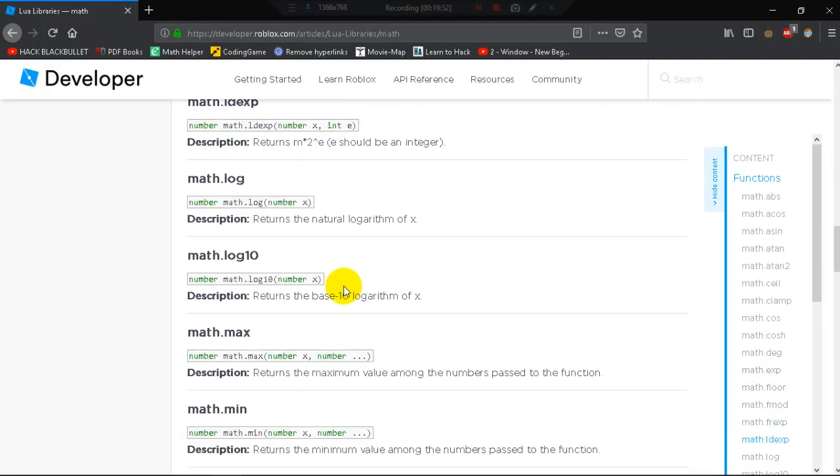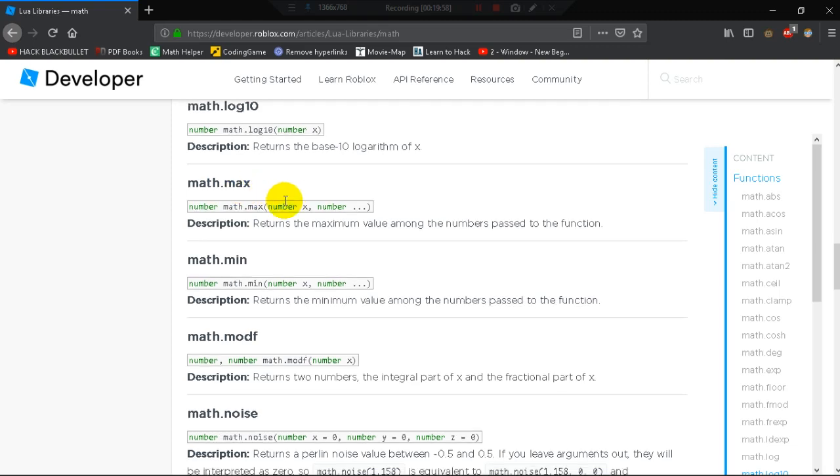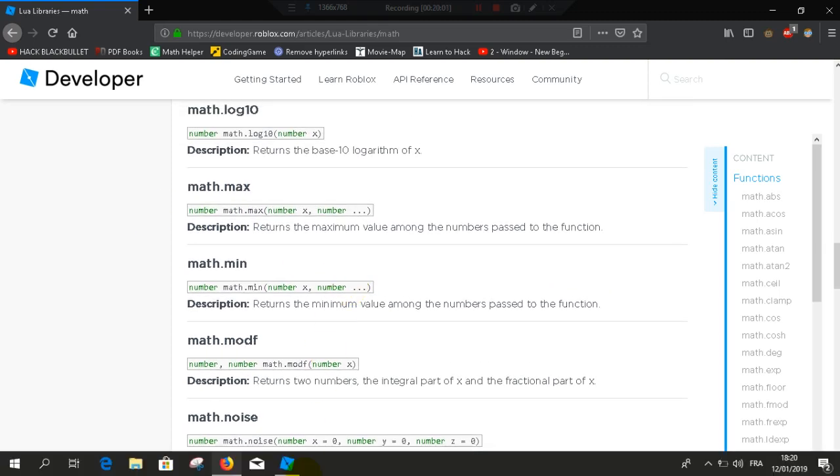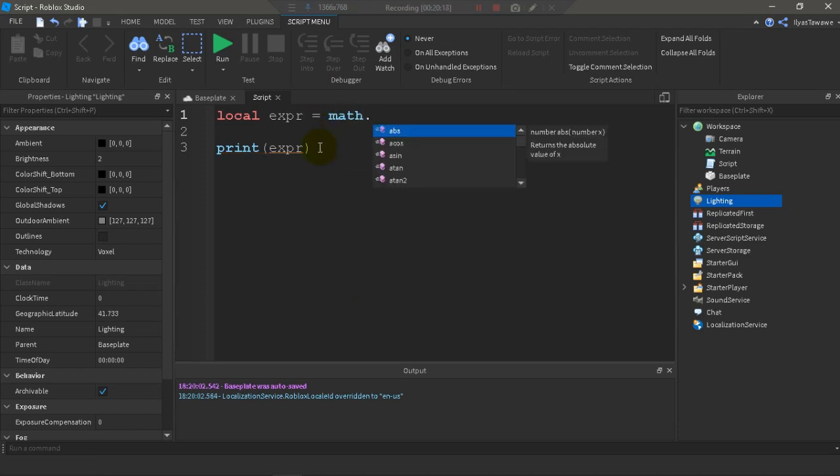And there's a lot of other mathematical functions. I'm going to cover right now math.max and math.min. Well, math.min first. Let's go back to our actual variable, print xpr. Cool. Now let's do math dot, and let's get our minimum.